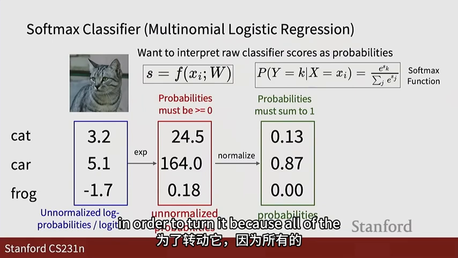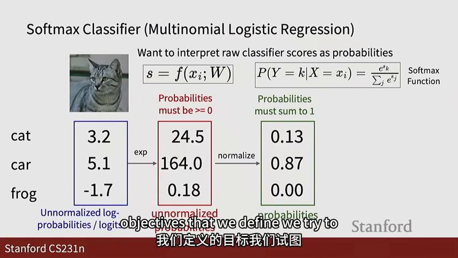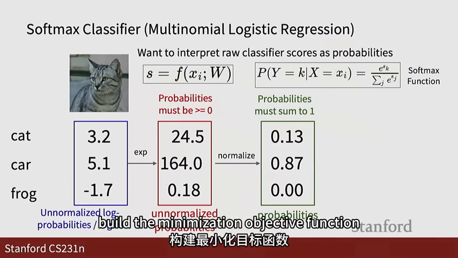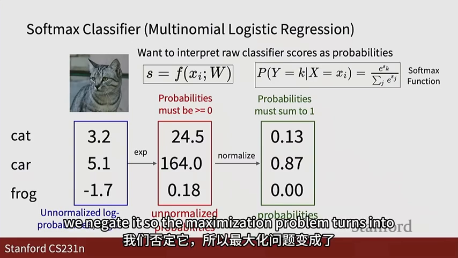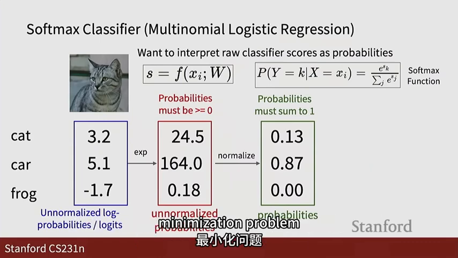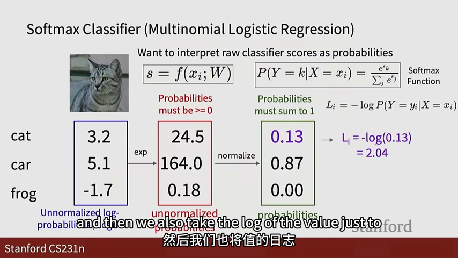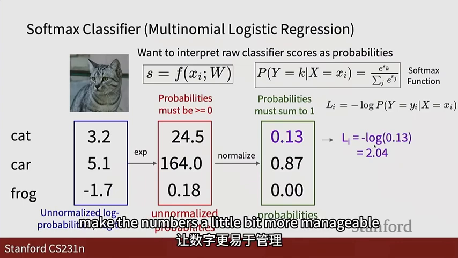All of the objectives that we define, we try to build a minimization objective function. The first step is just to negate the values, right? We negate it, so the maximization problem turns into a minimization problem, and then we also take the log of the value just to make the numbers a little bit more manageable.